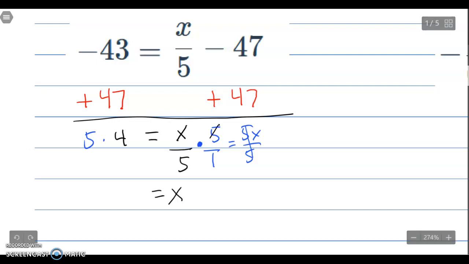Another way to do that is just to cancel the 5s out like here. x over 1 is x. Okay, now 5 times 4 is going to get me 20, and my answer, x is equal to 20.